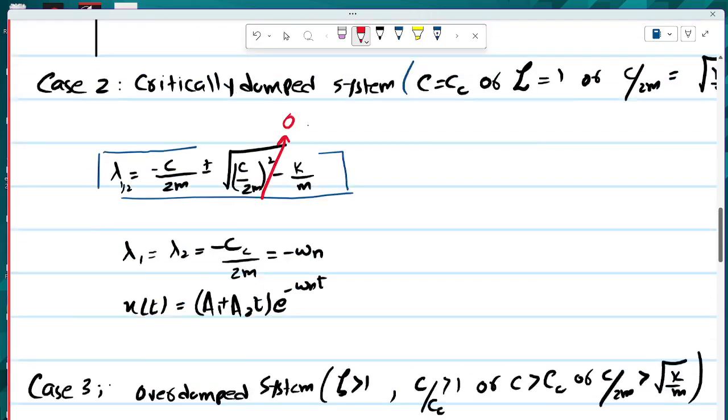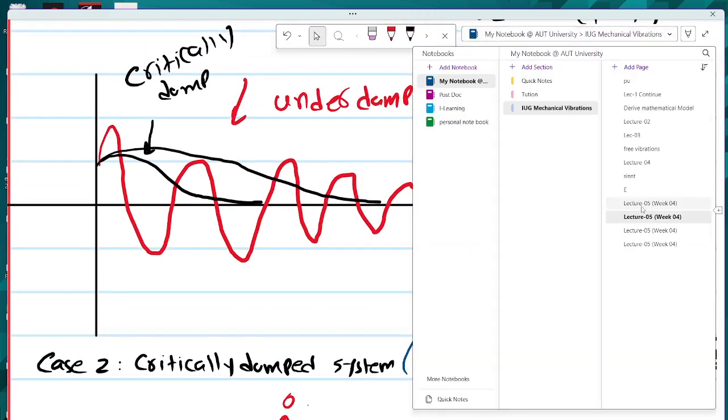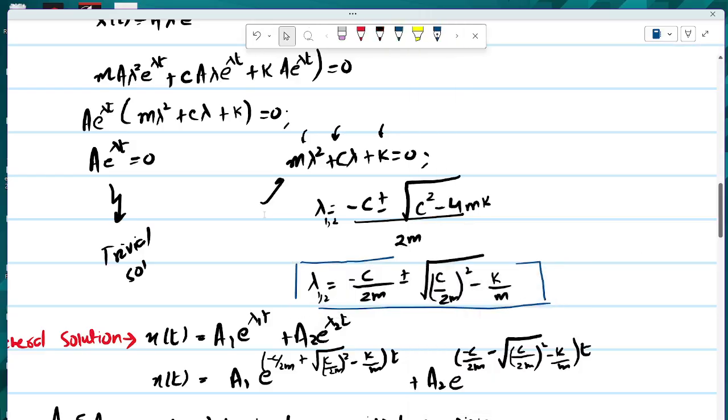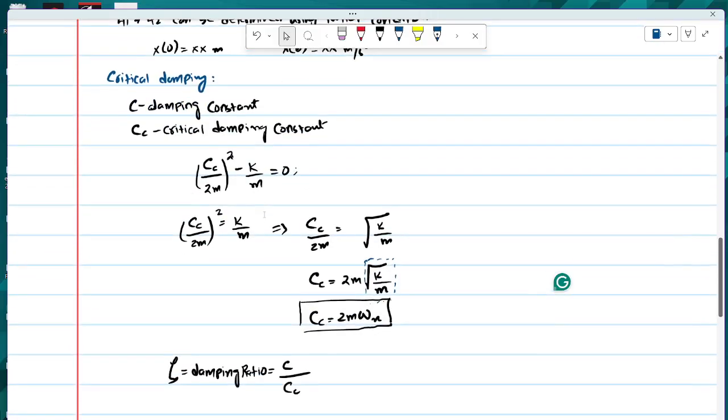So that's all for the 1 degree of freedom vibration system, how you can reach the solution, and how there are different cases of vibration. Although we can simply solve the mathematical equation and get some answers, these cases that we have just discussed give you a physical explanation of what's happening to your system when you change the value of k, the mass, or the damping.